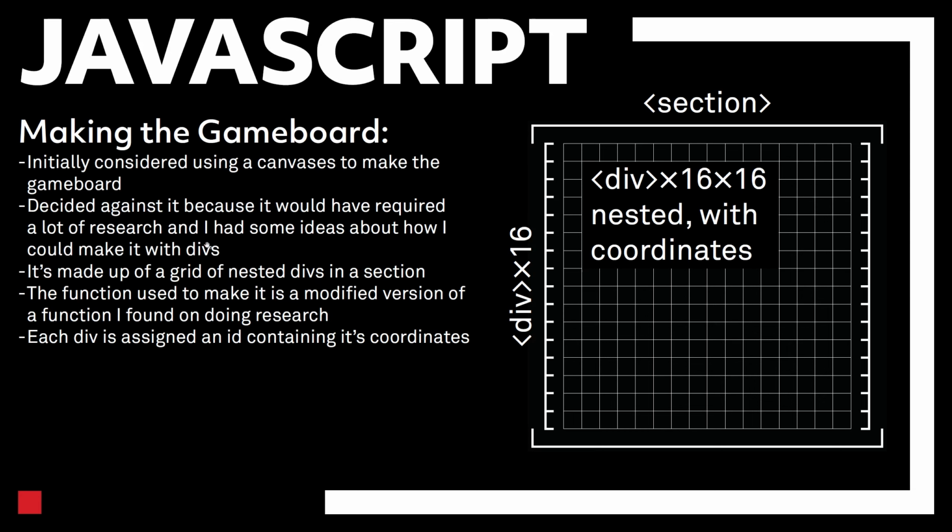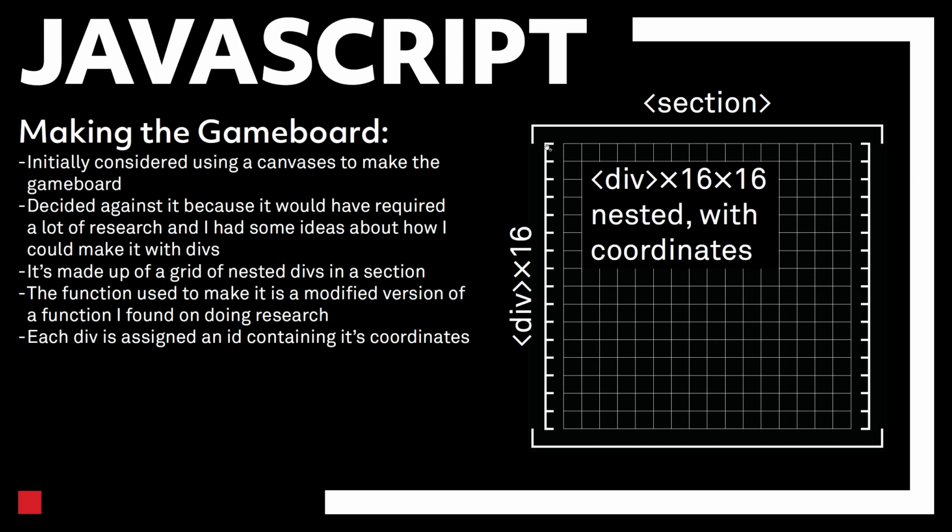So in order to make the game board, I initially considered using canvases because doing research that was suggested to me, but I didn't really understand canvases, and I already had some ideas about how I could make the game board using divs, so I just went with divs instead.